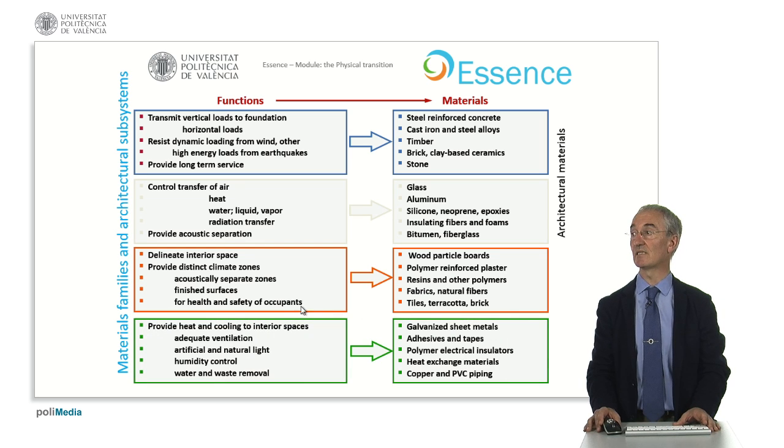And the last point is how to provide the services: climate conditioning is the typical one, but also lighting, humidity, and water. And again, here the number of materials is greater. As you can see, it changes from one to another, but what they have in common is the basis.